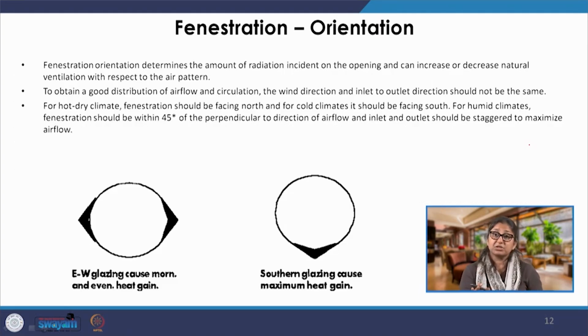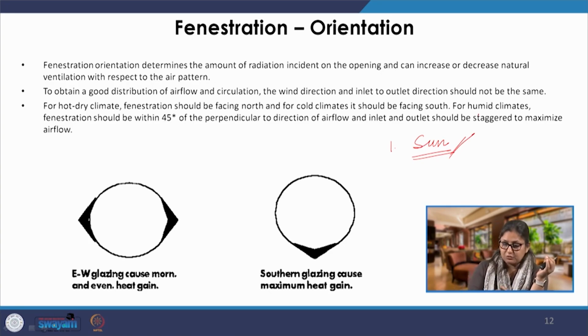And then fenestration orientation. Now, there are two factors which determine the orientation of fenestration. One is sun. Windows often bring in a lot of solar radiation. We will talk about the material for fenestration later, but considering that glass is a commonly used material, even if glass is not there, we can open the windows and direct solar radiation will be brought inside the building only through windows.